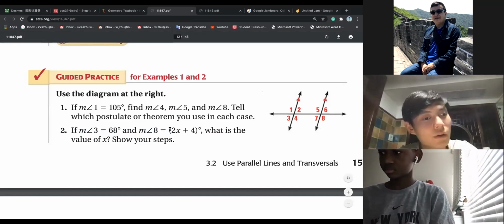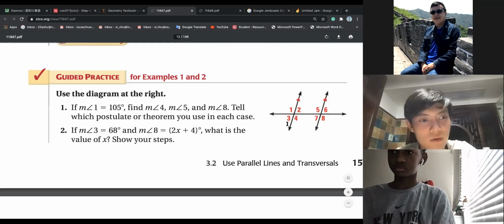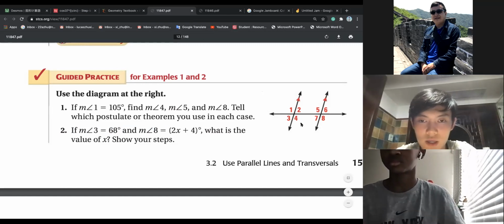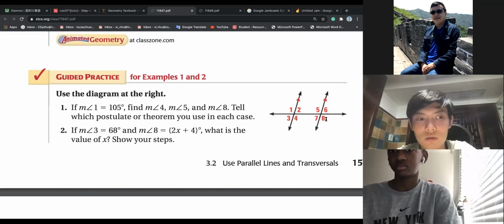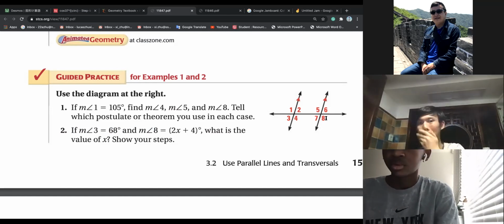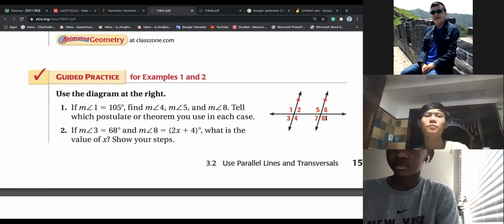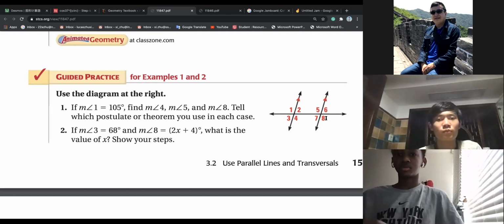Let's do this one. If the measurement of angle 3 is 68 and angle 8 is 2x plus 4, what's the value of x?